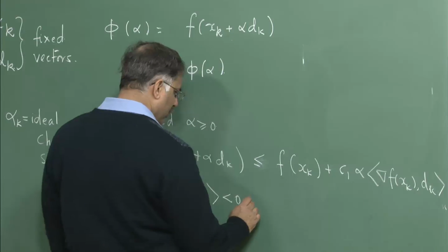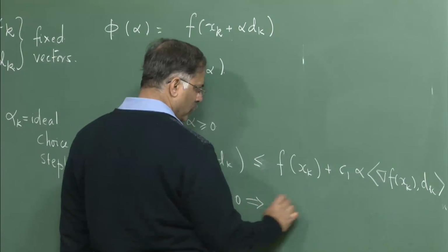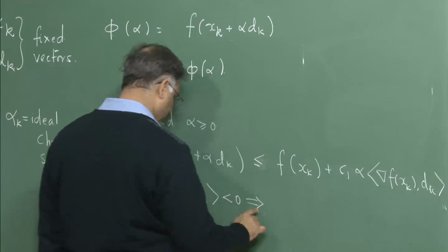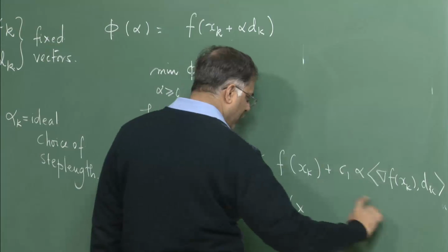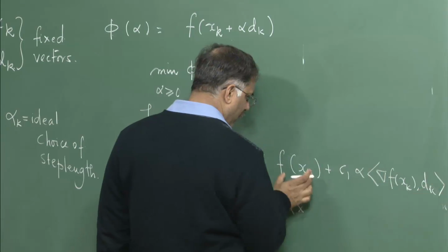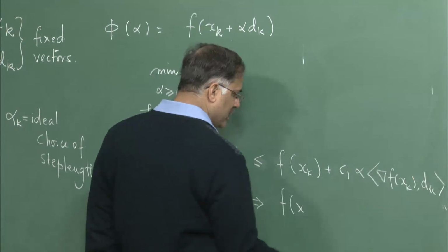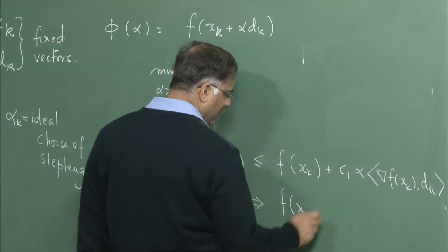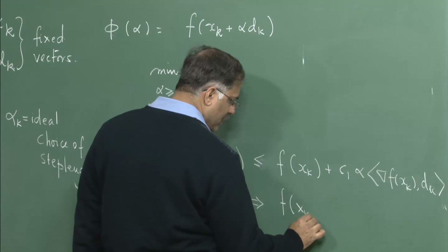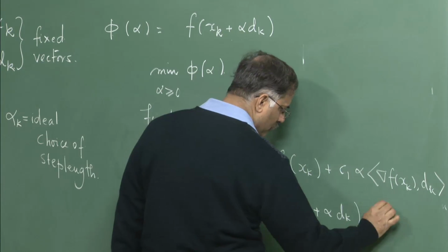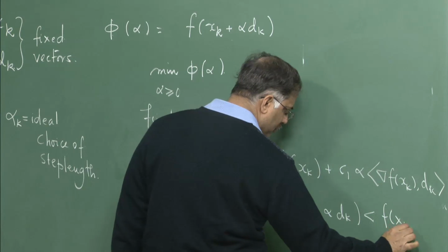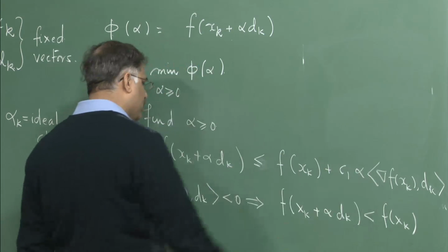So, for such an alpha, this is a negative quantity. So, f of x k plus a negative quantity is obviously strictly less than f of x k.